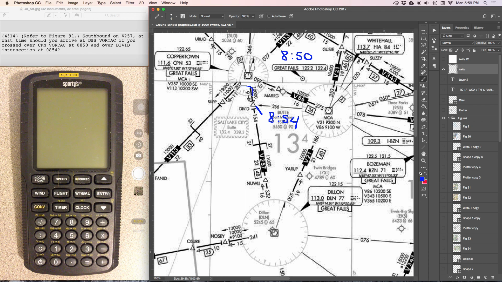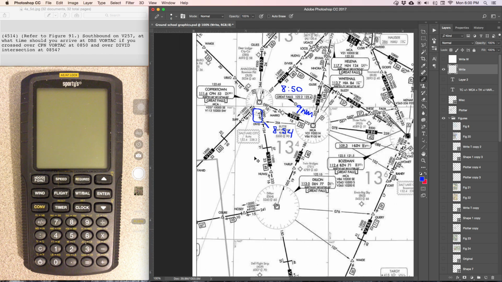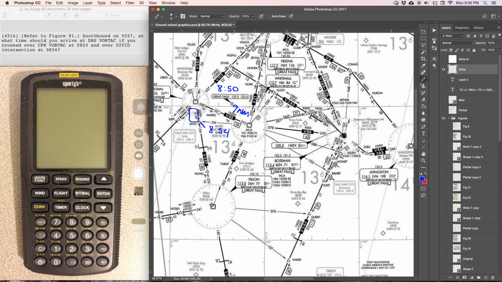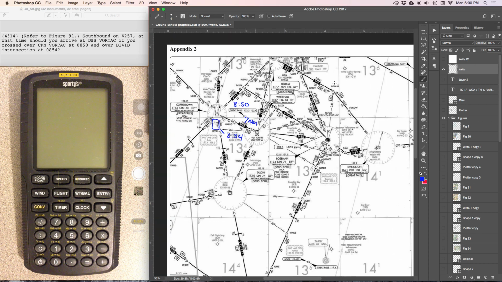And we can see right here, this distance is 9 miles. So if we have the time between 2 points and the distance, we can calculate the ground speed. So we've got 4 minutes and we've gone 9 nautical miles.